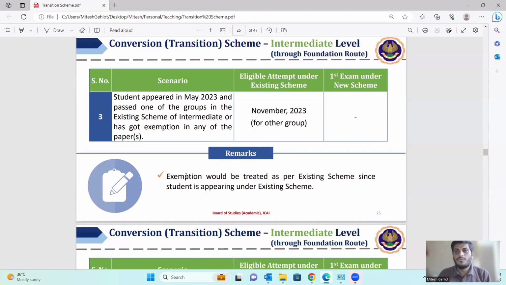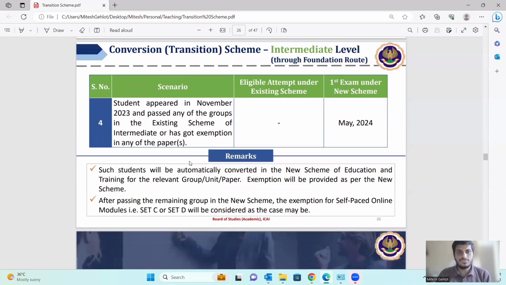You will have the advantages of the existing scheme everywhere. Suppose you wrote in May, were not able to clear, and go in November 2023.